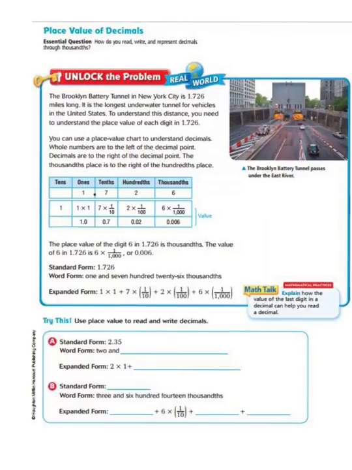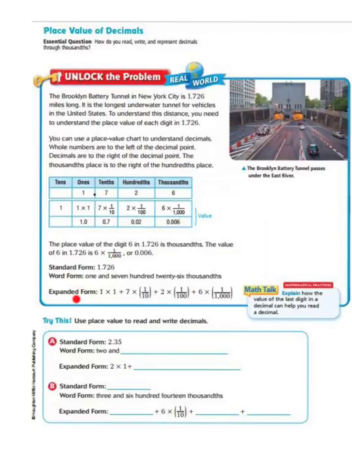Again, just like we did with our whole numbers, there are 3 different ways that we can write our decimals. Our standard form is 1.726. Word form is 1 and, because the decimal stands for and, 726 thousandths.